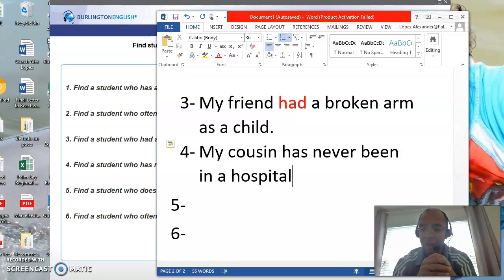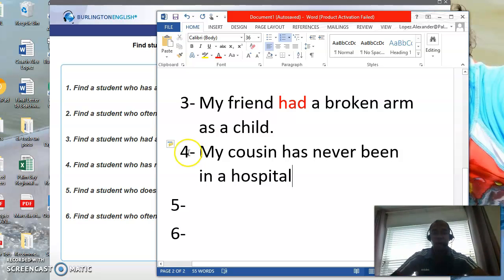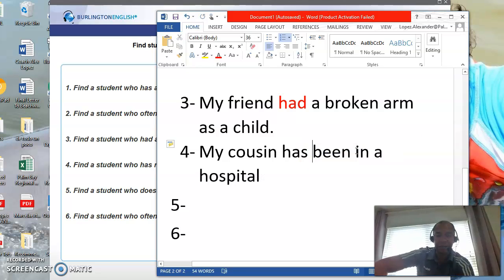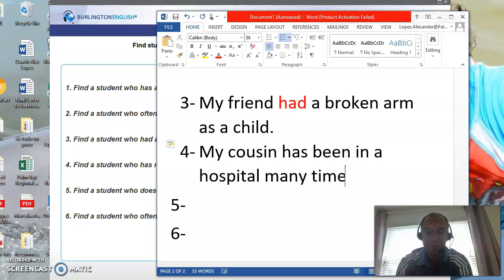Lucky him, huh? Now, if you want to say that he has, you just take this out and say, my cousin has been in a hospital many times. What would be another word for many times? Often. Okay? So that would be to make it a positive, to make it affirmative.